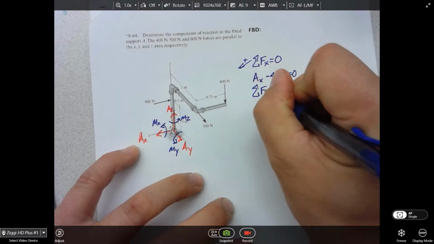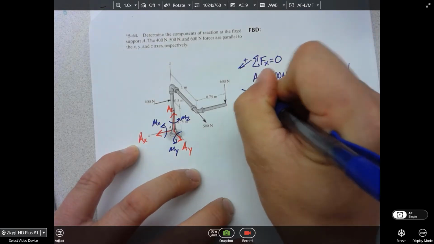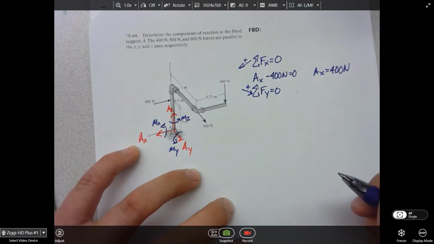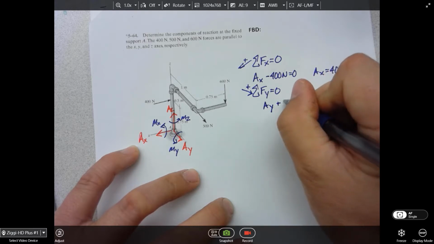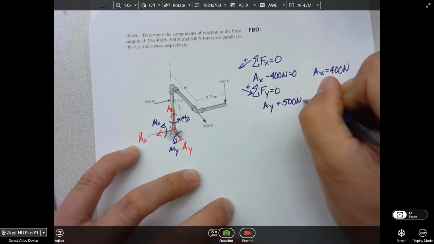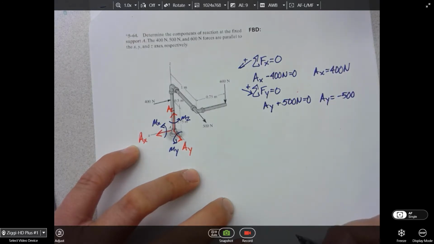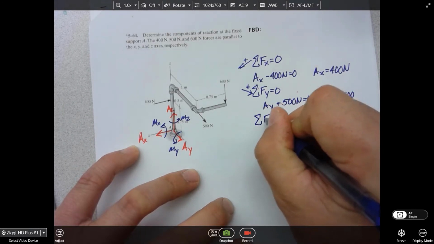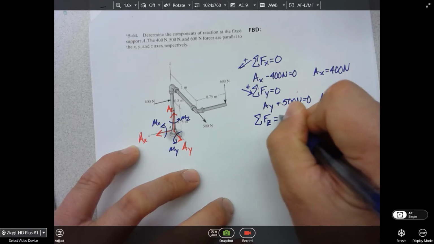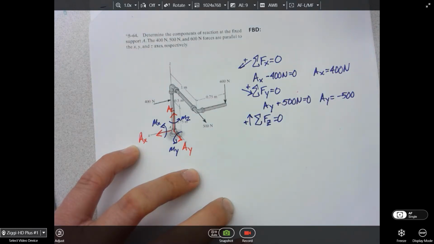Sum of the forces in the y equals 0. Y is down and to the right. Looks like I'll have AY plus 500 is equal to 0. So AY is equal to negative 500. Then I'll have the sum of the forces in the z is equal to 0, straight up being positive.